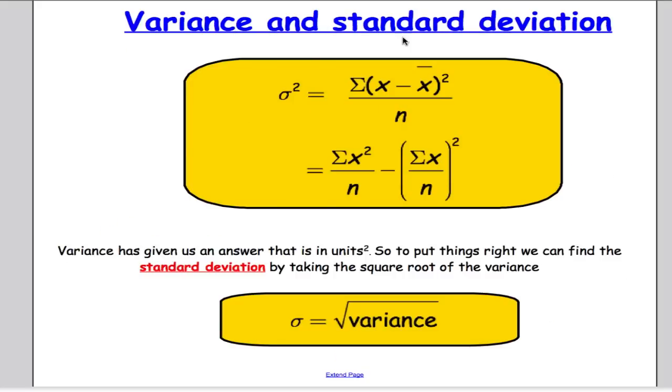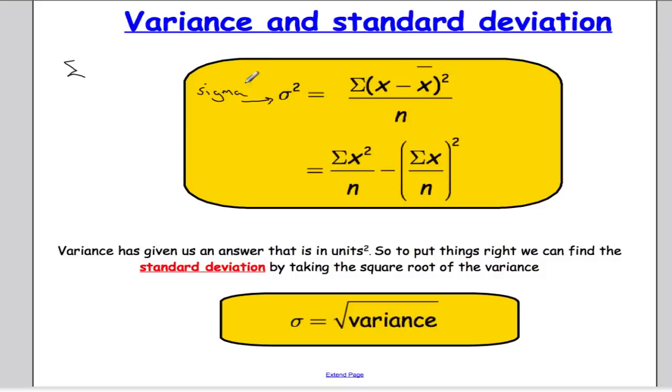So the variance and standard deviation, which I'll talk about in a second. The variance is represented by this symbol here, which is sigma squared, the small Greek letter sigma, not to be confused with the big letter sigma that we use for summing. That's the big letter for sigma, and this is the small letter for sigma.